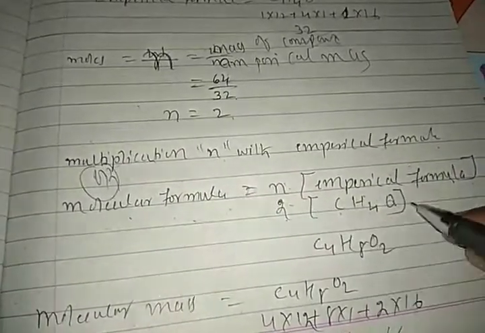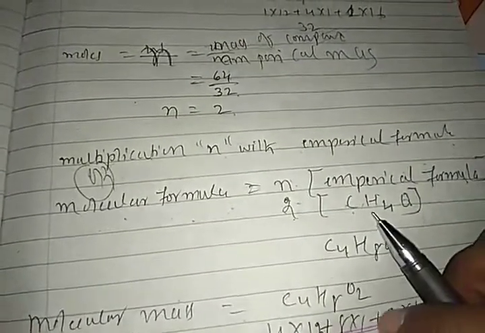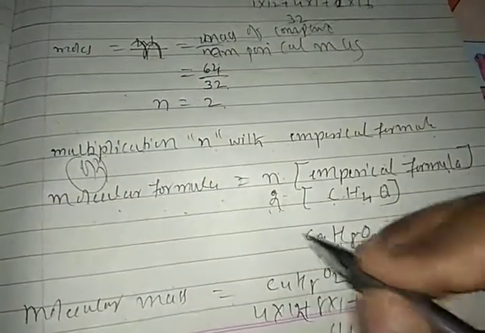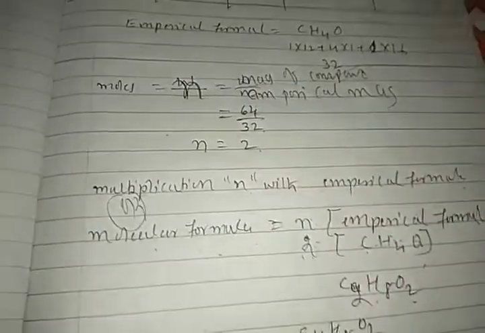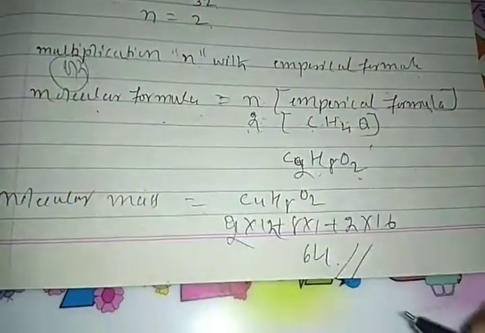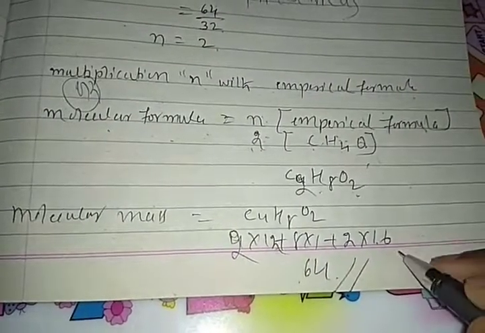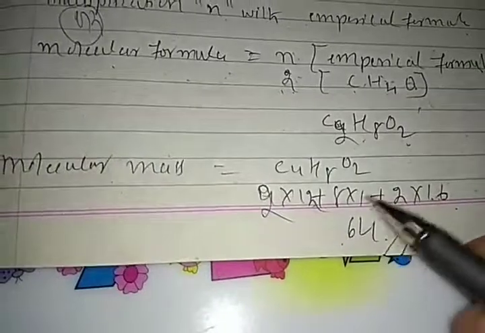So 2 multiplied with this whole formula gives C2H8O2, students. So finally we got the value here, 64. Right, so the formula is correct, 64.